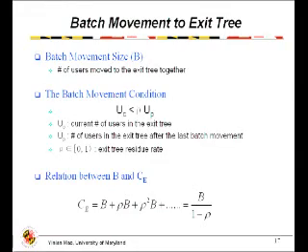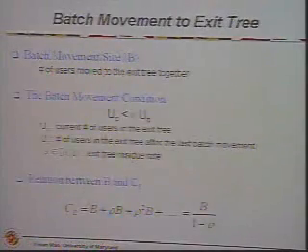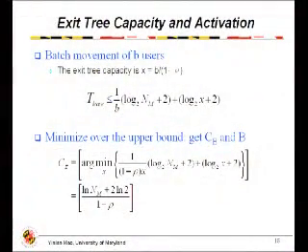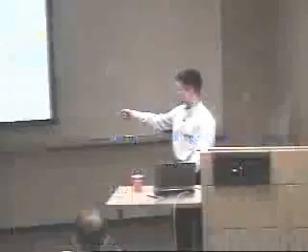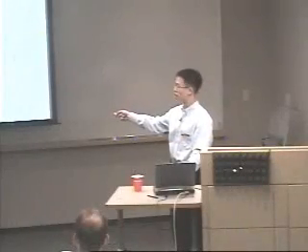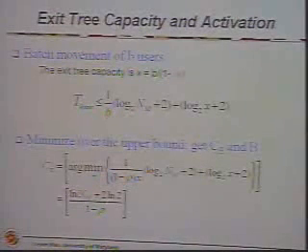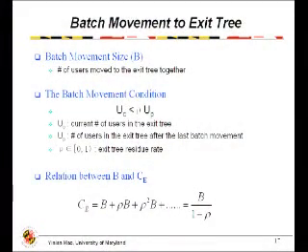However, this B, if we go back to the last slide, equals C multiplied by this factor. This B is not related to this rho, so it's only determined by this group size. The batch movement size is only determined by this group size. So in this case, we have determined C sub E and B. So where does this rho come into the picture?